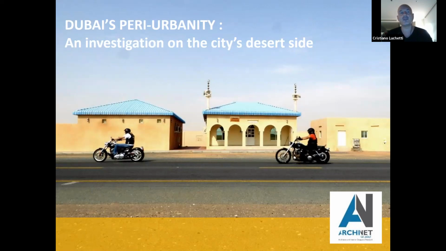In other words, the desert side of the city is there to support the city, and it is still part of the city itself. So we will go through an overall introduction and a series of case studies. I will borrow a theory from Rem Koolhaas in his very recent study on the desert side, from which this research borrowed that idea. And we will see some examples.